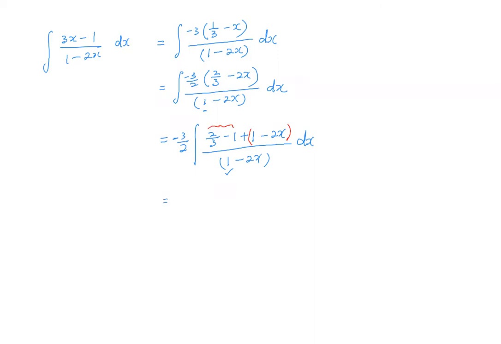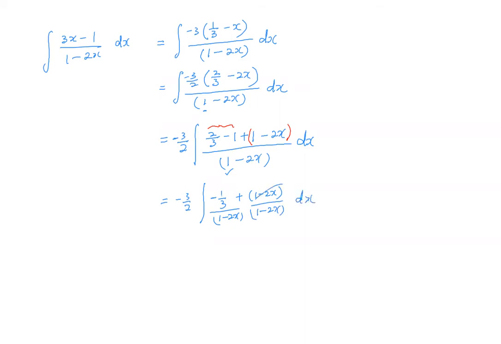So this will be -3/2 integrate. 2/3 minus 1 is negative what? -1/3. Correct? Plus 1 minus 2x. Okay, so divide by 1 minus 2x.